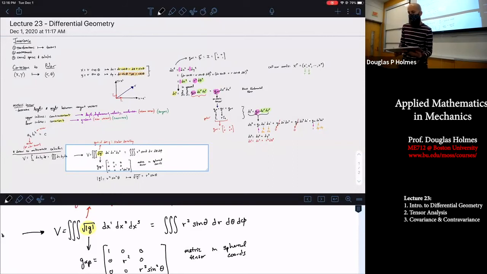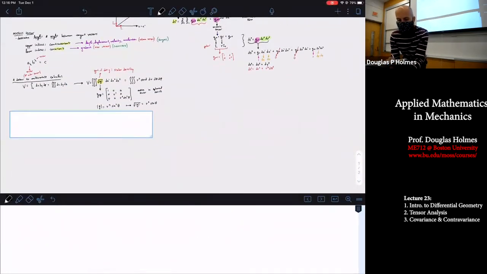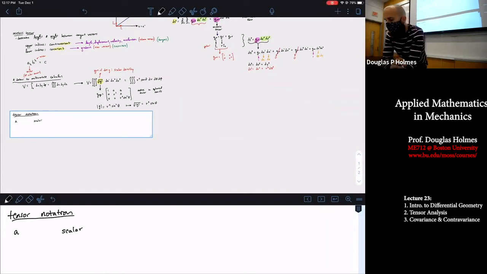I hope. Let me do some basic stuff with tensors now, just to make sure that we're all on the same page. If you see a quantity written with no subscripts, then it is a scalar.